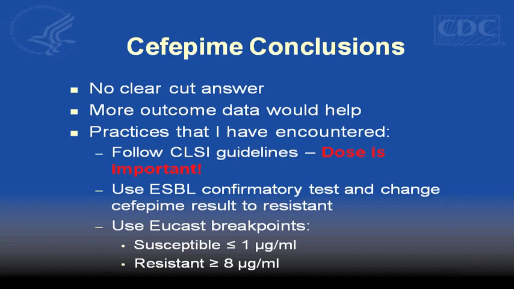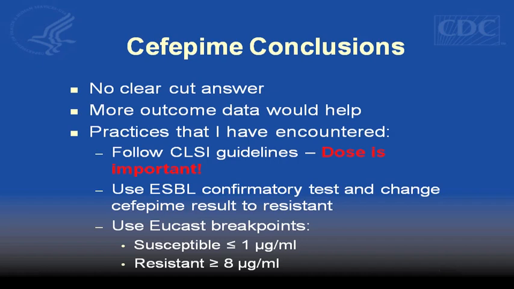And these breakpoints create a very large intermediate range. So here the intermediate range is 2 and 4. EUCAST is the European Breakpoint Setting Committee, and now in the world it's almost come down to 2 breakpoint setting committees.